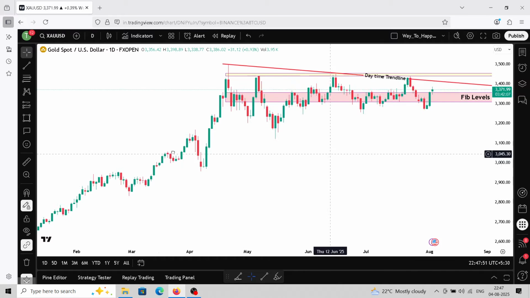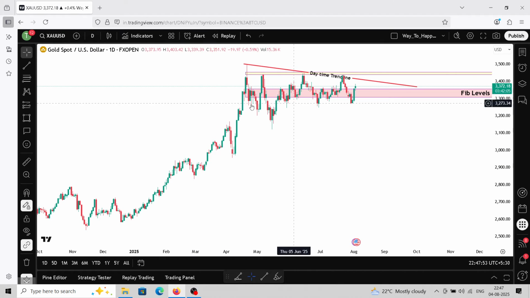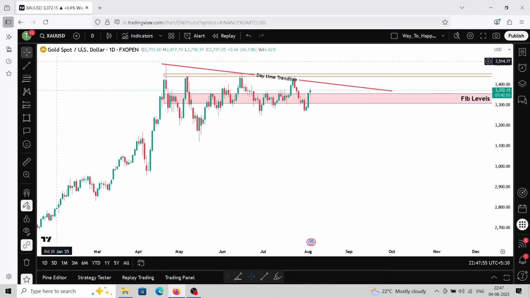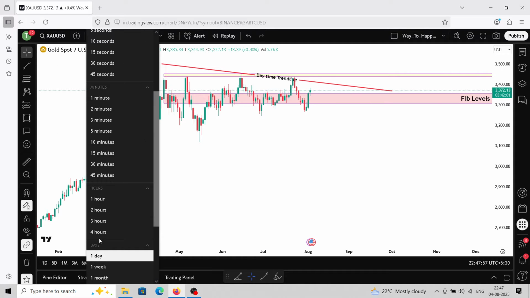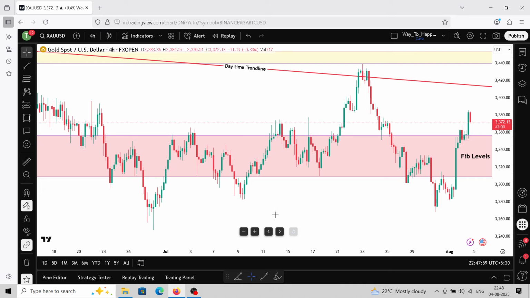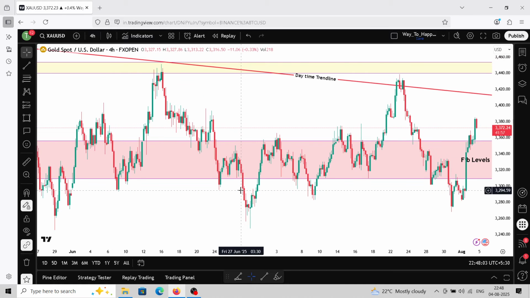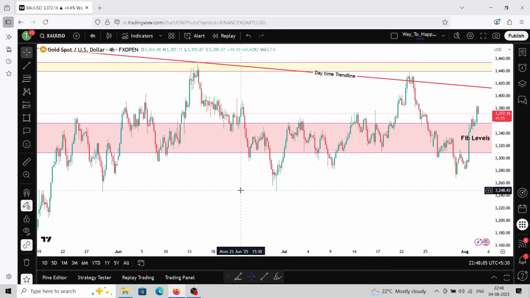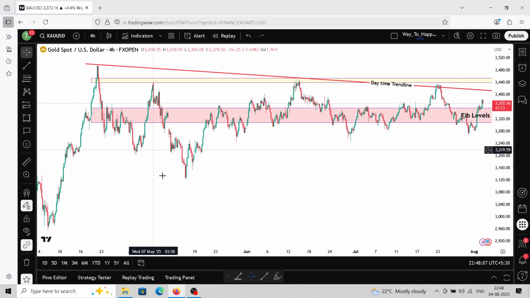So can we call gold sideways? Look at the gold, nothing. Let me go to the 4 hours window. Is anything happening, what is gold doing? Gold went from here to here, then from here to here, then from here to here.